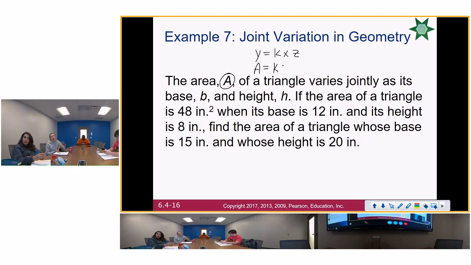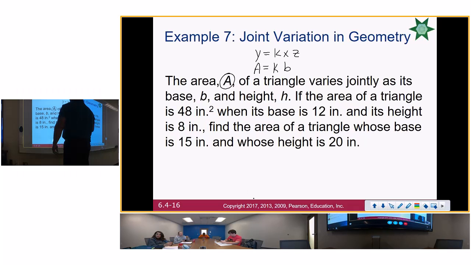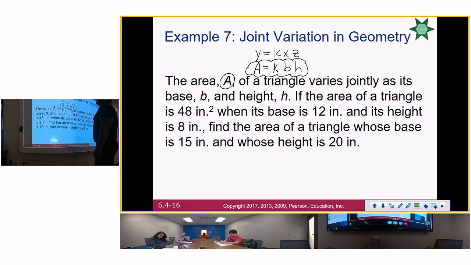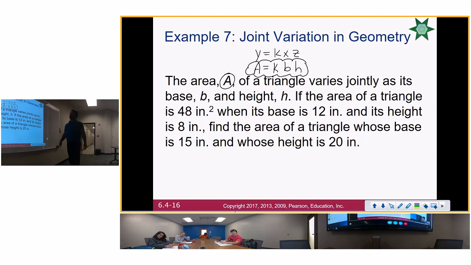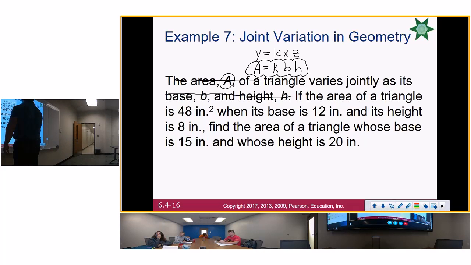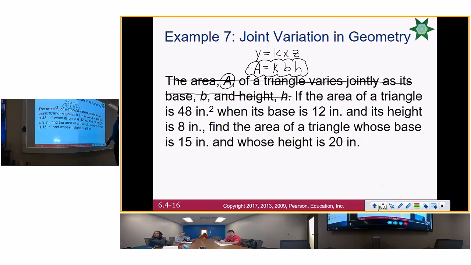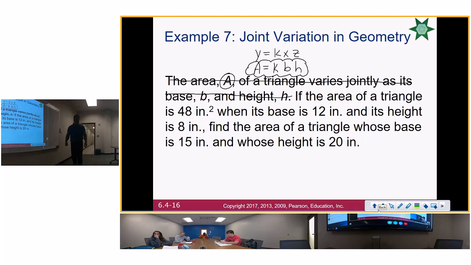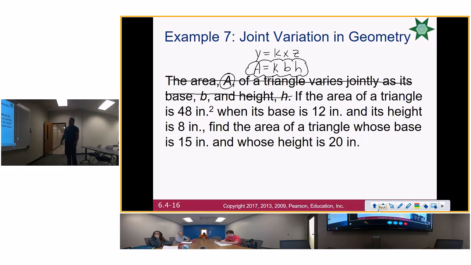B. B times what? H. H. So here is your new formula. This is the equation that you're going to use for this problem, and that takes this out. We've just done that sentence. And mark out your sentences as you're using them, so that way you see what's left.